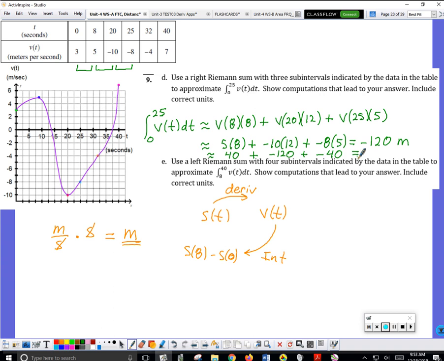Okay. When you integrate velocity, you are calculating displacement, change in position. These are estimates because it's a Riemann estimate. But this is saying that in those 8 seconds, the particle displaced 40 to the right. Then during these 12 seconds, the particle displaced 120 that way. So nothing to do with the origin necessarily.